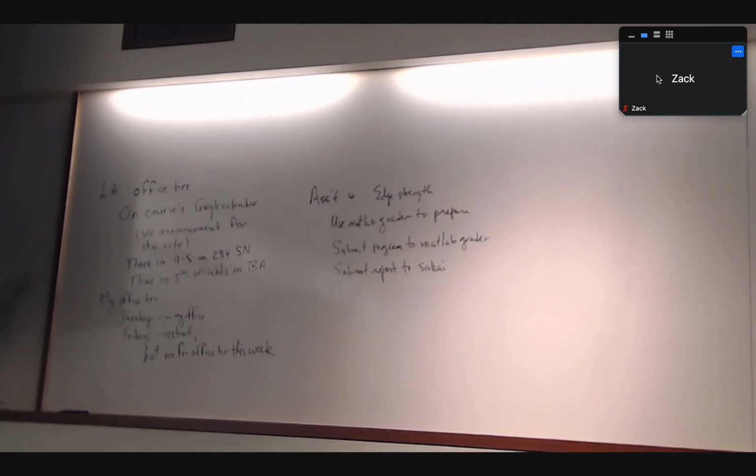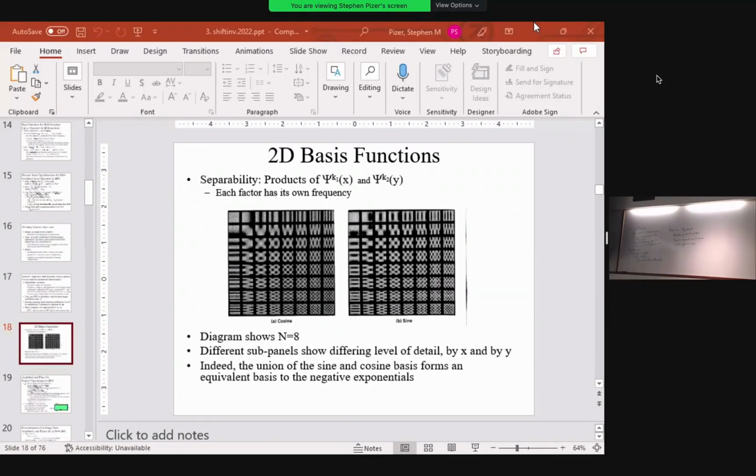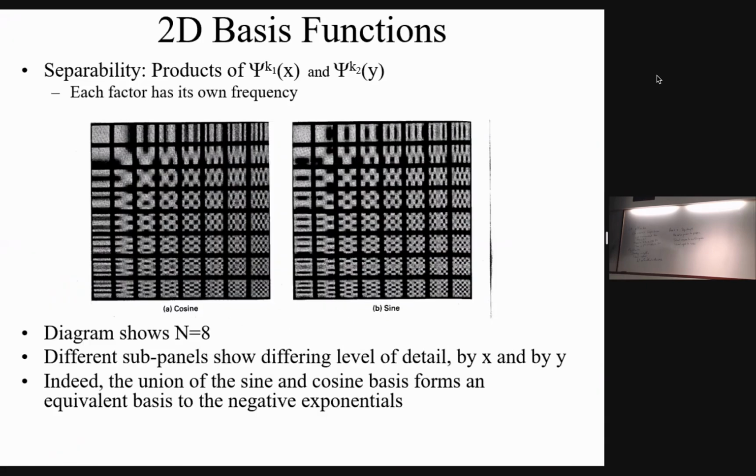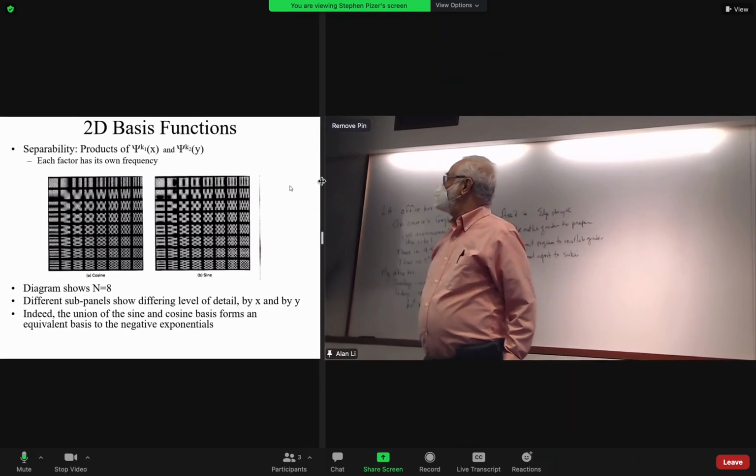Slides. Did that do it, Alan? Yep. Unfortunately, one member of the class has to be remote because a roommate got infected with COVID-19.